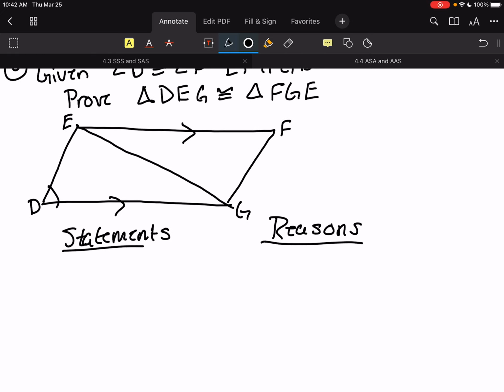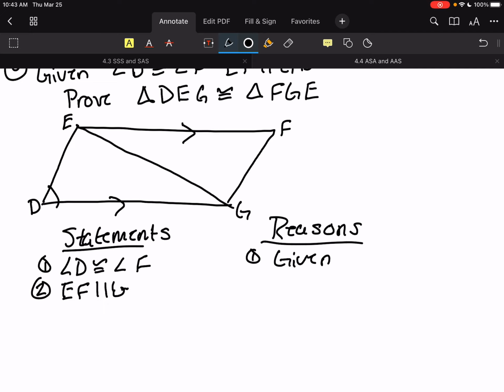So your statements that angle D is congruent to angle F, that was given. EF is parallel to GD, that was also given.